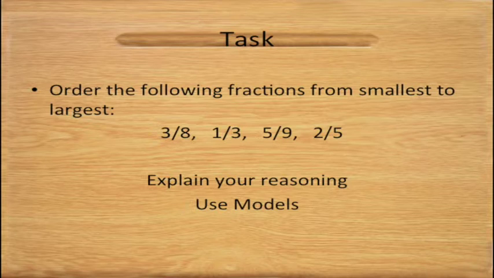Okay, if we look at a possible way of solving this problem, we would take our fraction bricks of equal length, an equal unit, and take one of them and divide it into eighths and mark off 3/8. Take a second one and partition it into thirds, mark off 1/3.